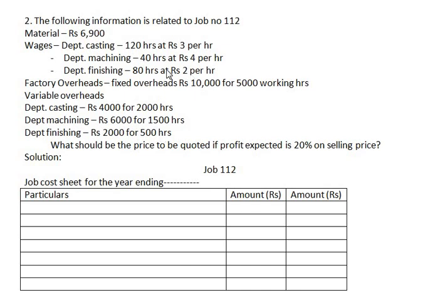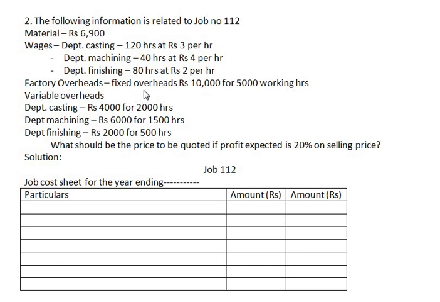The following information is related to job number 112: material 6,900, wages. Here there are three departments. Department casting 120 hours at rupees 3 per hour. Department machining 40 hours at rupees 4 per hour. Department finishing 80 hours at rupees 2 per hour.